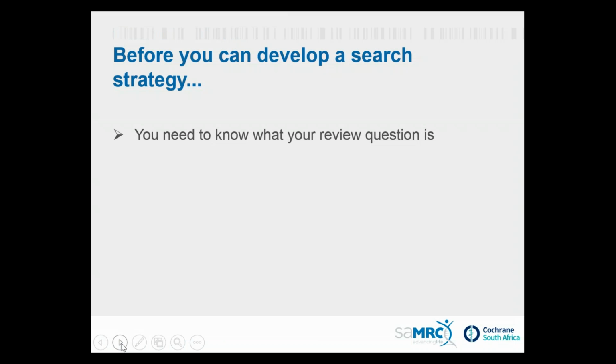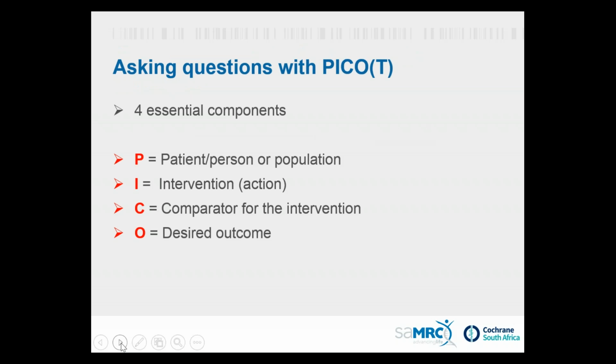Before you can develop your search strategy, you actually need to know what your question is. That would be the first step. The way that we formulate our question when we want to do our systematic review is using the PICO format, which has 4 essential components.